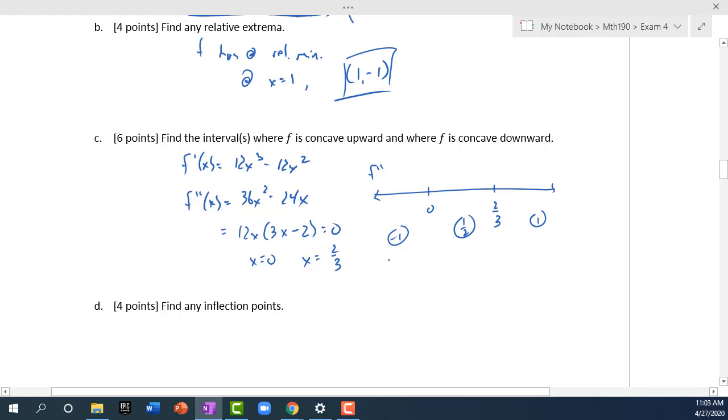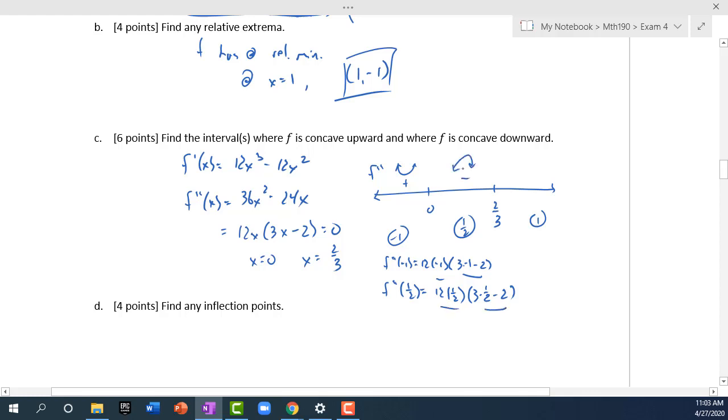So let's see here, at -1, f double prime at -1, 12 times -1, 3 times -1 minus 2, that's negative, negative. The whole thing will be positive, concave up. F double prime at 1/2, 12 times 1/2, 3 times 1/2 minus 2, positive, negative.